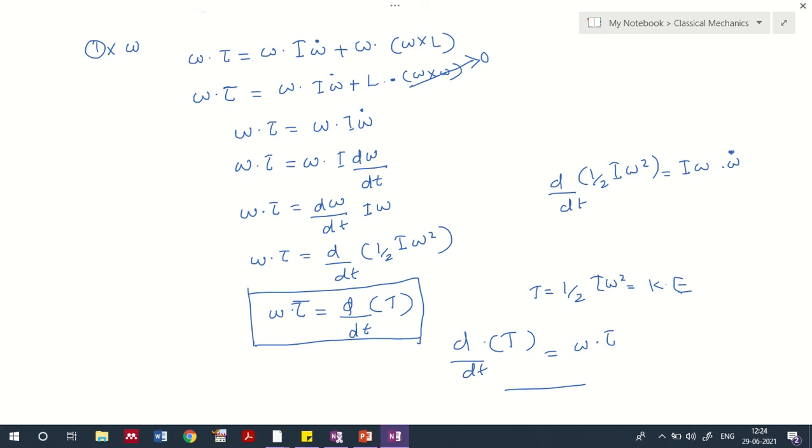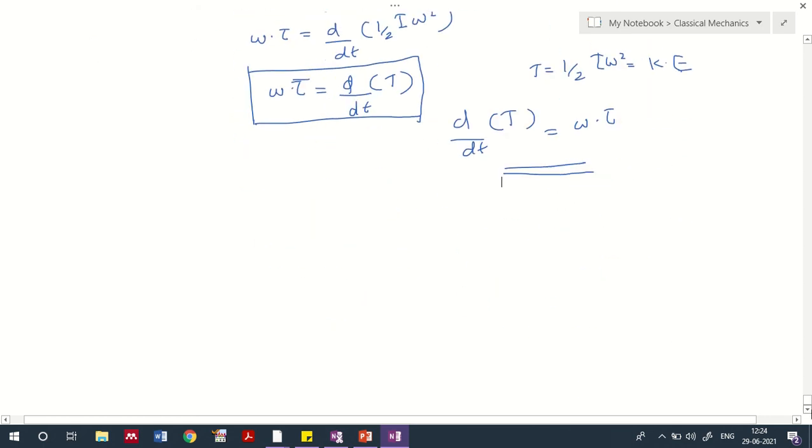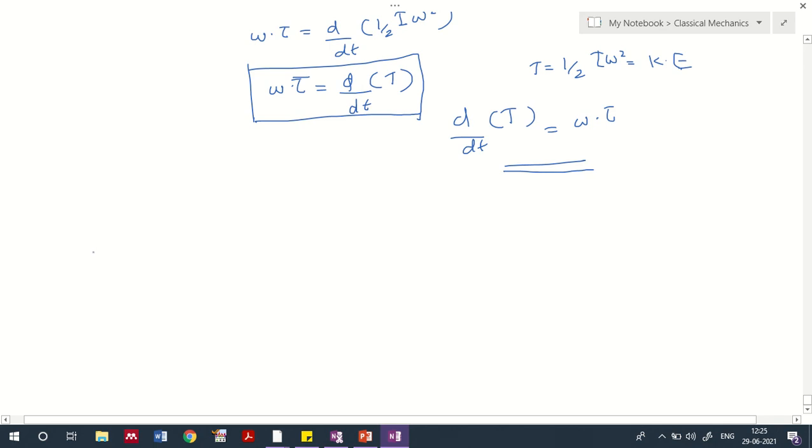So what we have done today is mainly find Euler's equation of motion of a rigid body. Then we did force-free rotation.